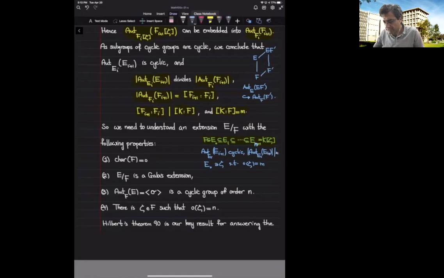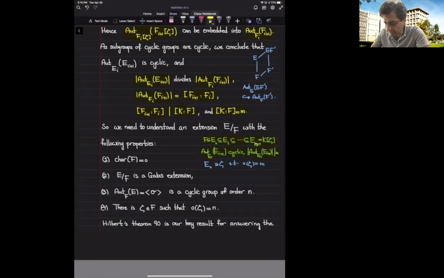So altogether we created this tower of field extensions starting from the base field F, ending with a field that contains a splitting field of the polynomial F over capital F, except the first one, which is a generalized cyclotomic extension.